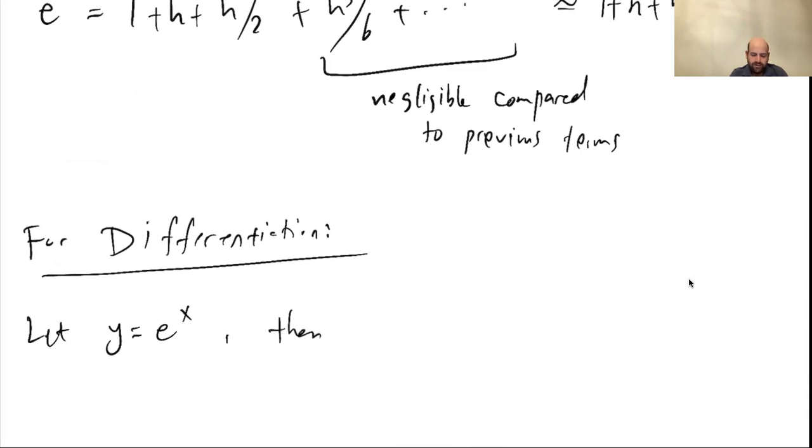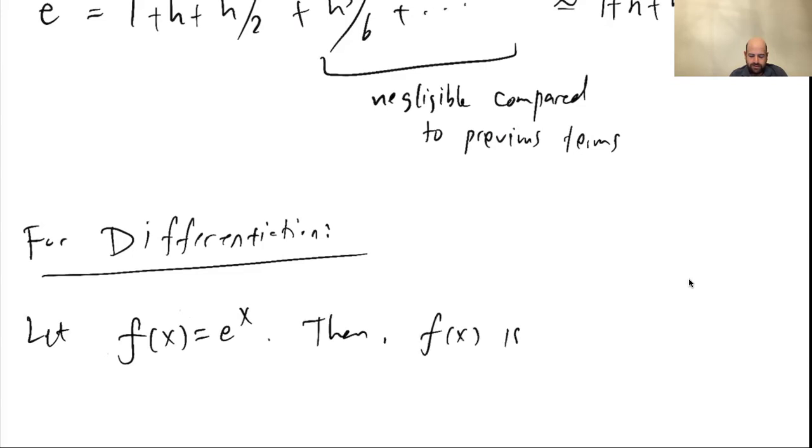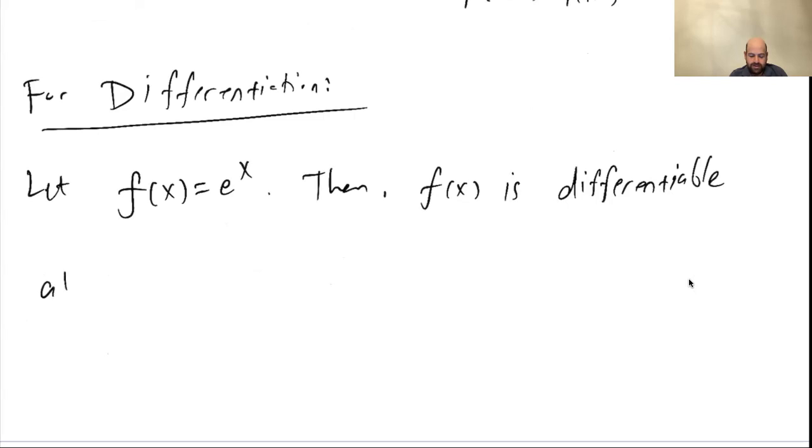Then let's say f of x equals e to the x. Then f of x is differentiable at every x, and f prime of x is equal to e to the x itself.